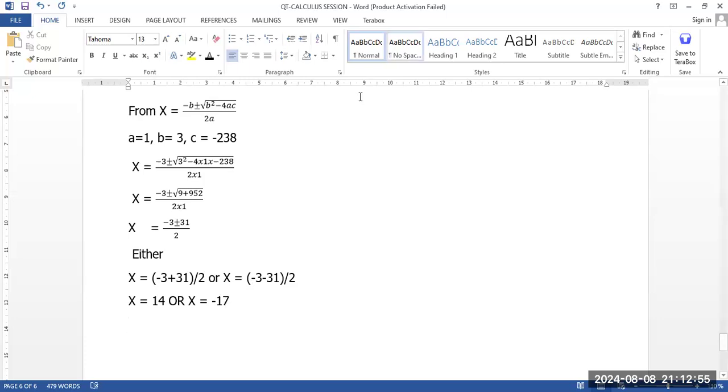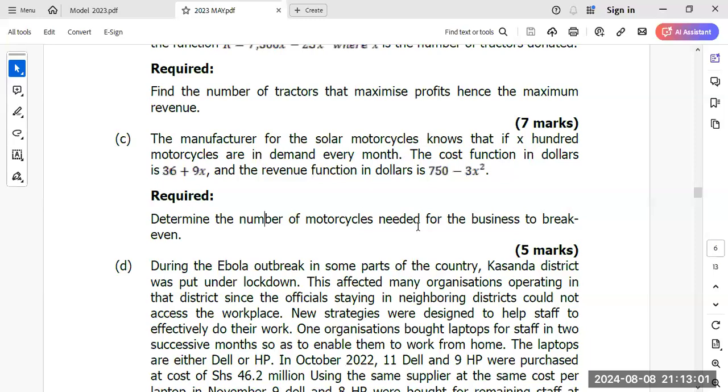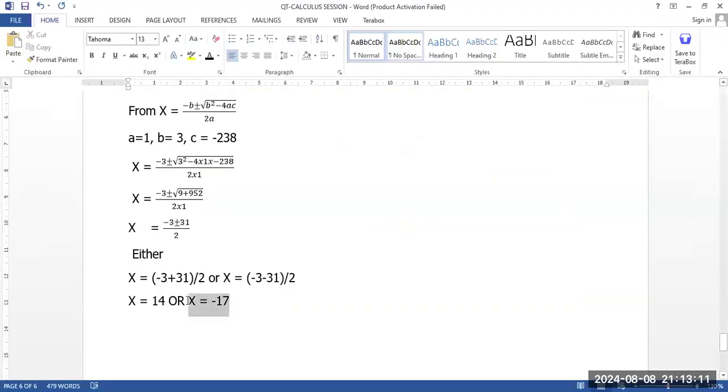But remember, we are told to look for what? We are told to look for the number of motorcycles for the business to break even. Remember, motorcycles cannot be in what? Cannot be negatives.